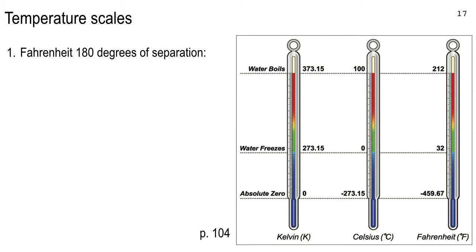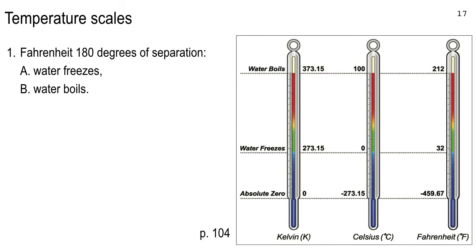And so let's take a look at temperature scales. We'll just go briefly through the three basic temperature scales that are customarily used. And there's other ones, but the first one is Fahrenheit, 180 degrees of separation between the freezing point of water and the boiling point of water.